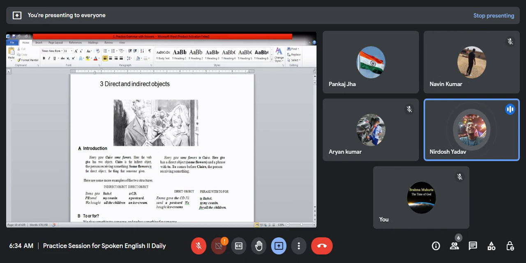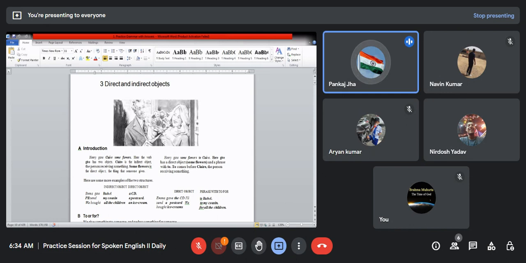So I think here is the paragraph that tells how you can find the object. Okay, am I right, sir? I think there is some mistake here also. Direct object. Suppose first examples: Emma gave Rachel a CD.